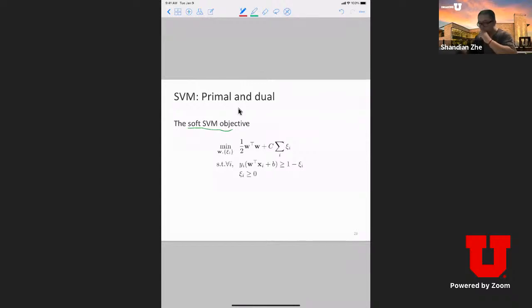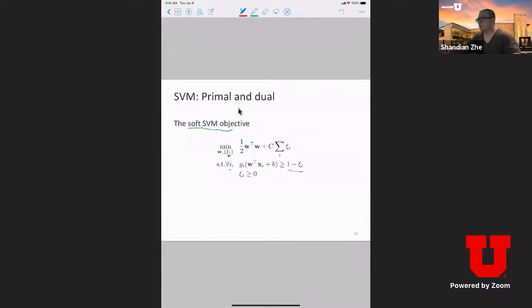To allow some examples to break into the margin, we introduce a slack variable ξi for every training example i. Then we modify the constraint so that for every training example i, our functional margin is no less than 1 minus ξi, and at the same time, ξi must be non-negative.